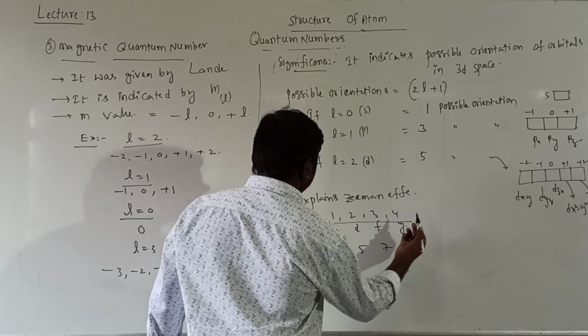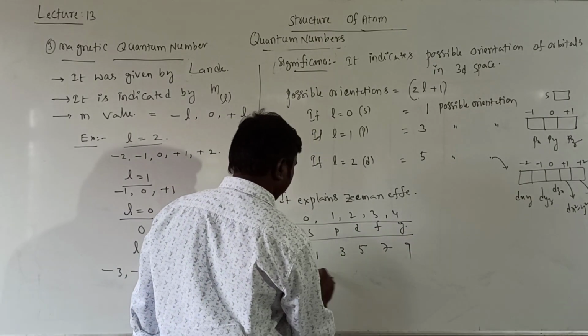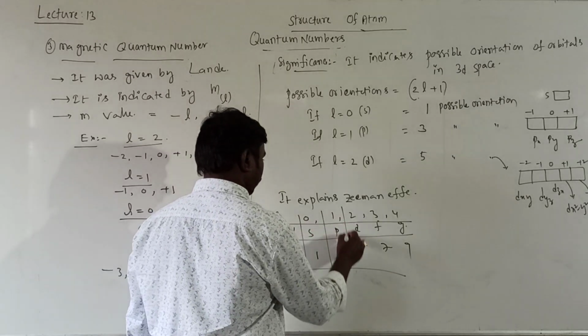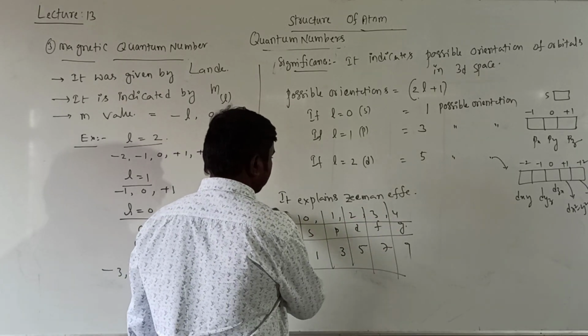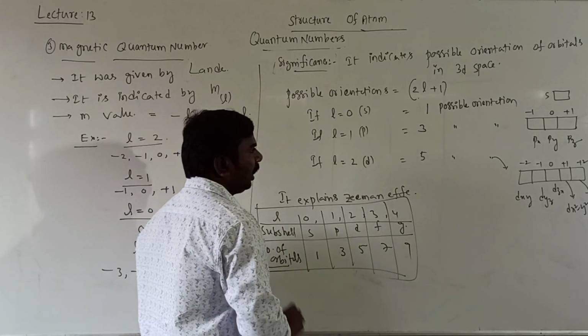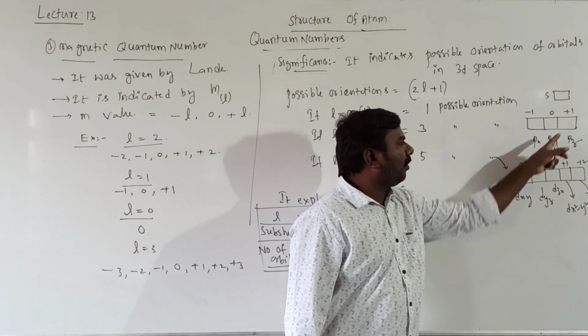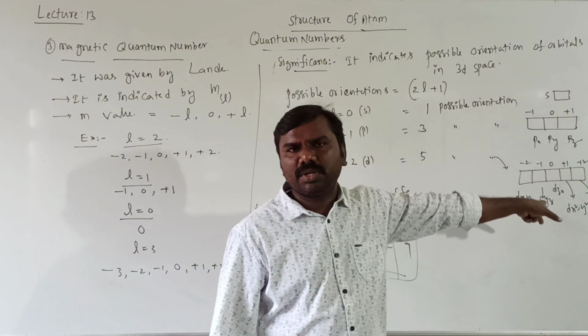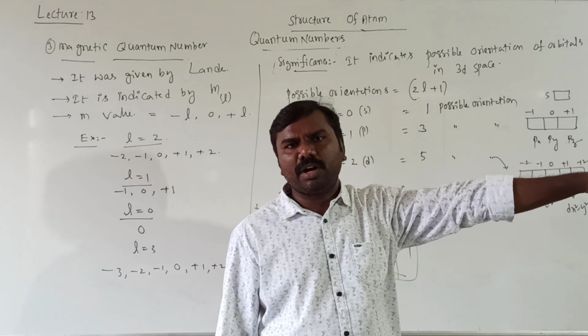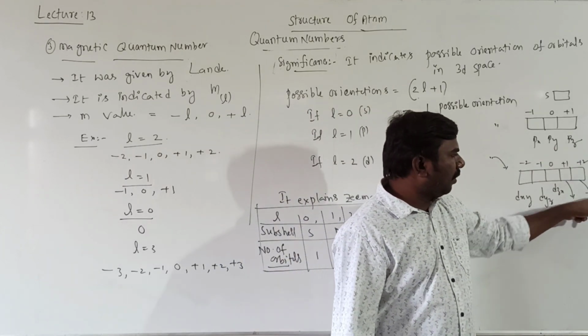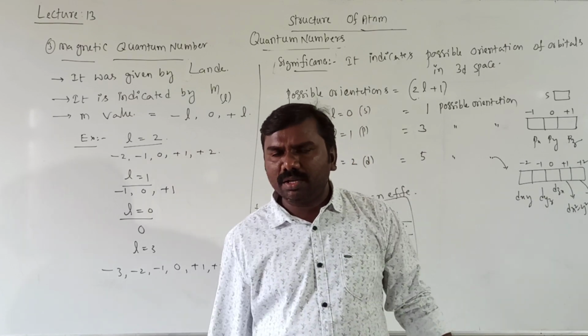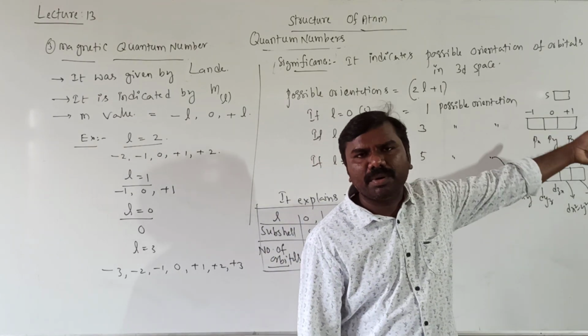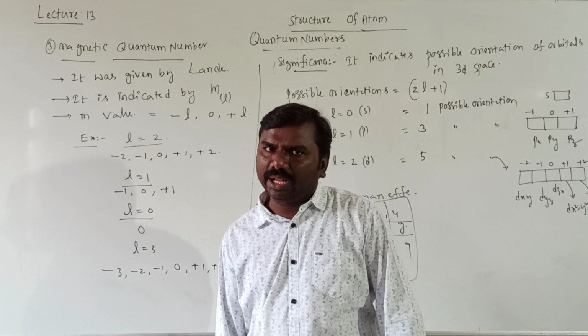Better you remember this box, very important. Possible orientations indicate the number of orbitals in a subshell, students. Got it or not? These are all possible orientations, nothing but orbitals: 5d orbitals, 3p orbitals, 1s orbital, like that.